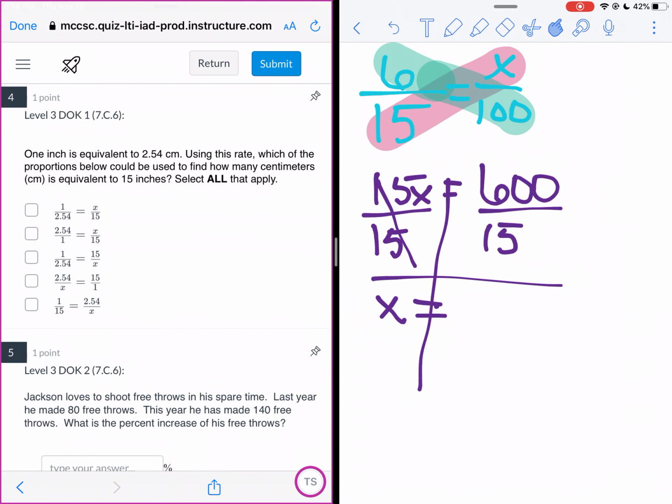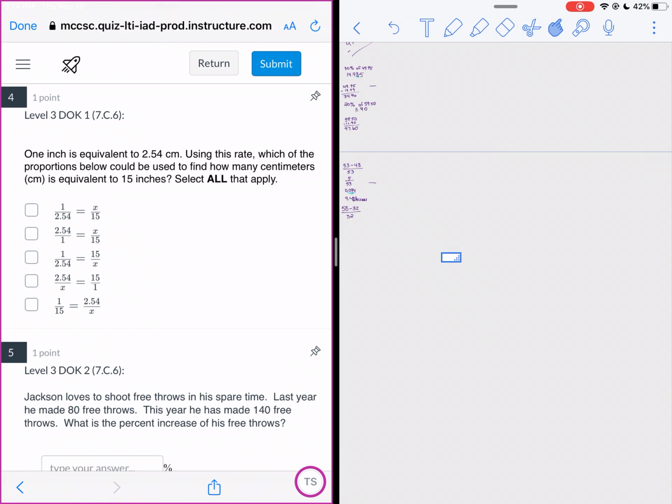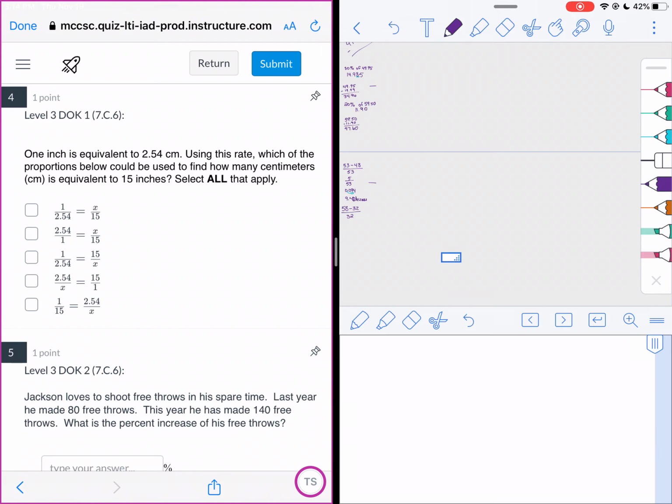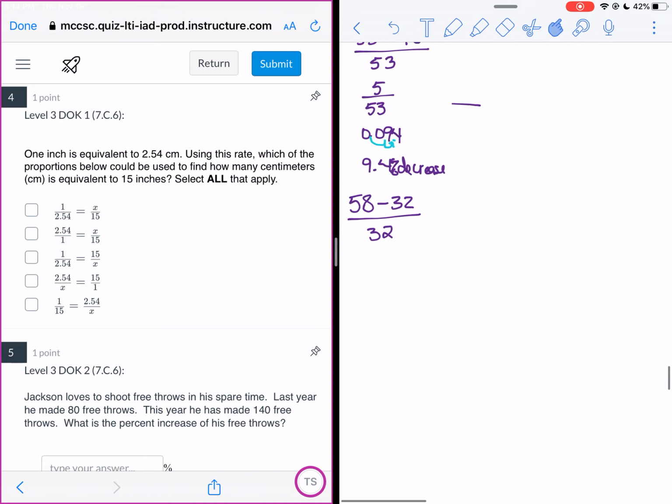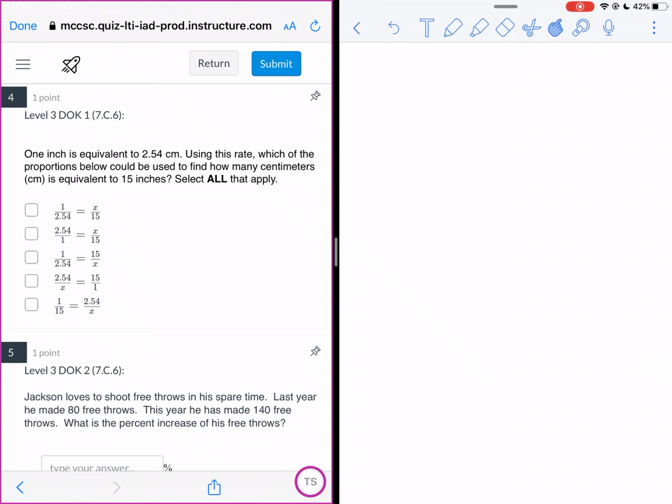All right, number 4. 1 inch is equivalent to 2.54 centimeters. Using this rate, which of the proportions below could be used to find how many centimeters is equivalent to 15 inches? There's a few different ways we could go about doing this one, but the way I'm going to do it is I'm going to set up my own proportion.